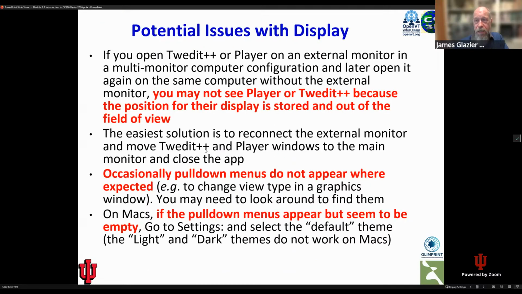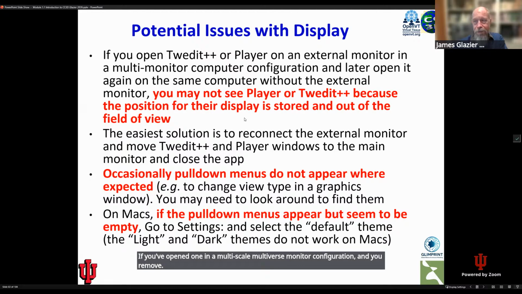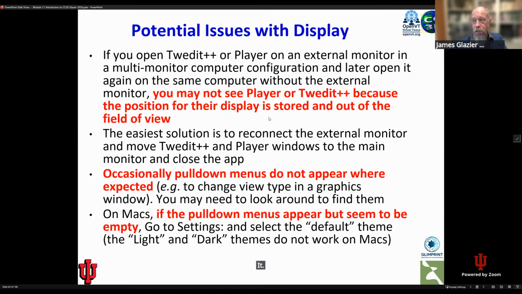Okay. Occasionally, a couple of things can happen with Twedit and Player. If you've opened one in a multi-monitor configuration and you remove the external monitor, it may reopen where it was, off your screen field of view. Sometimes the pull-down menus will pop up in unexpected places.